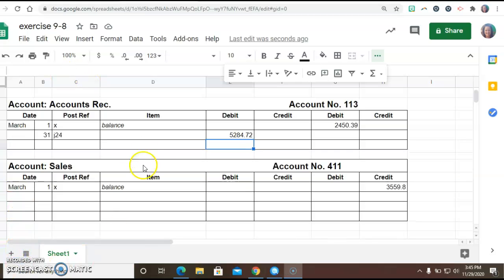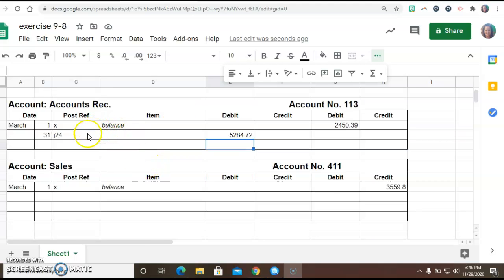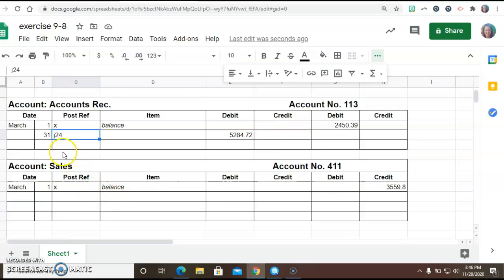Sorry, I had to backtrack a little bit. I had a couple things mixed around on my ledgers here. Okay, so now I have everything correct. So my post reference was J24. That came from Sales Journal, page 24. And I'm actually going to fix one more thing. We're actually going to say SJ24 because it's our sales journal. Okay, nothing goes into your item.